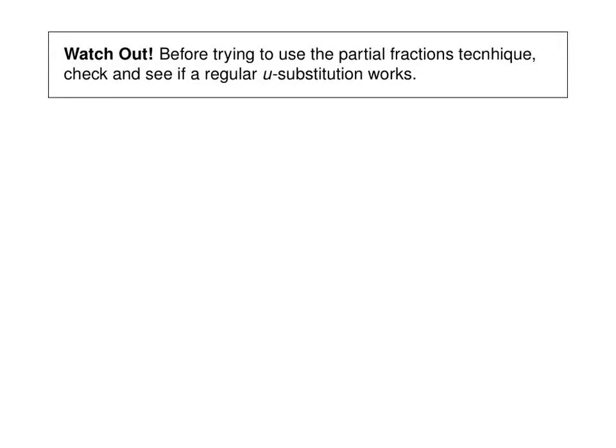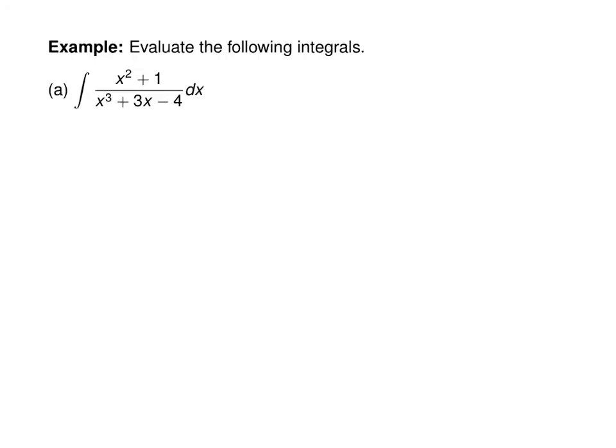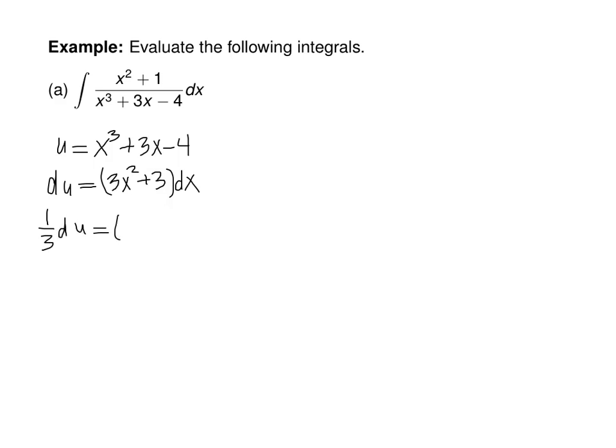Now, watch out, because before you try to use partial fractions, you should check and see if a regular u substitution works. So, for example, in this one, you could try to use partial fractions, and you're going to get the correct answer. It's just going to be a little bit different form. But if you notice that if you let u equal x cubed plus 3x minus 4, then du is 3x squared plus 3 dx. And dividing the right-hand side by 3, I'll have that 1/3 du is equal to x squared plus 1 dx.